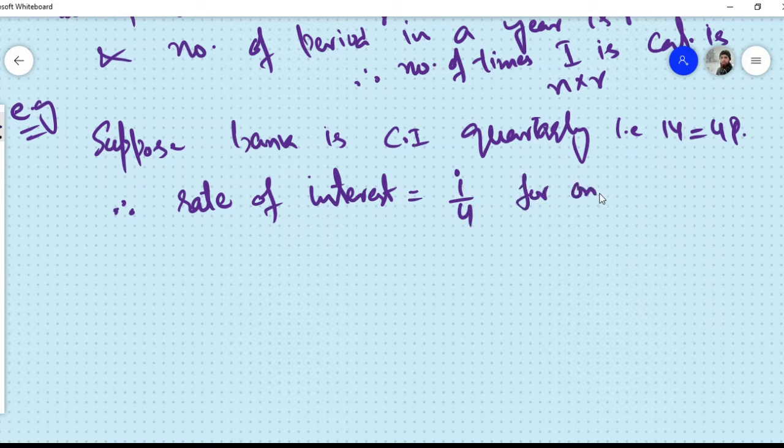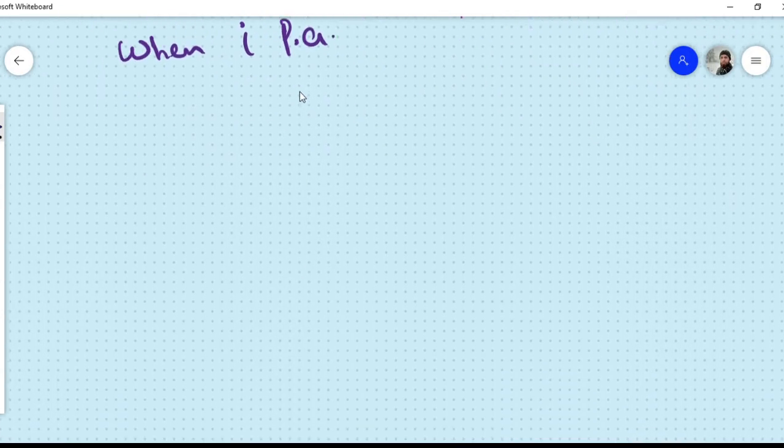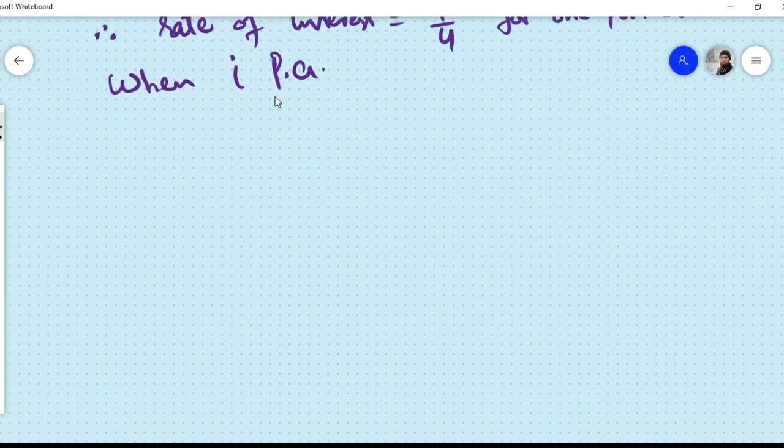Therefore, the rate of interest is i divided by 4 for a single period, that is for one period, when i is the rate of interest per annum. So we can think of that very easily what happens there.